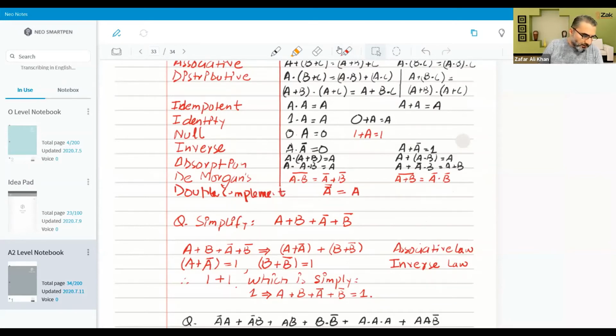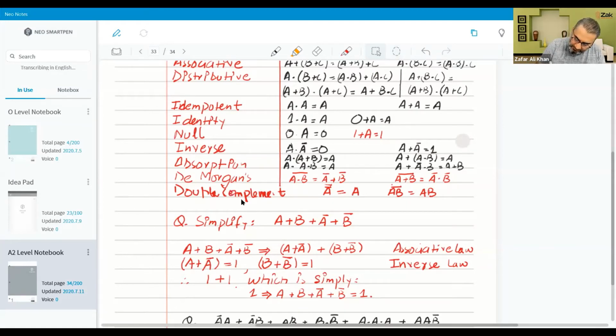So if we put double complement on anything, it dissolves double complement. Okay, so let's say if we have got A, B double complement, then it would become A, B. All right, so pay attention to this double complement thing now.